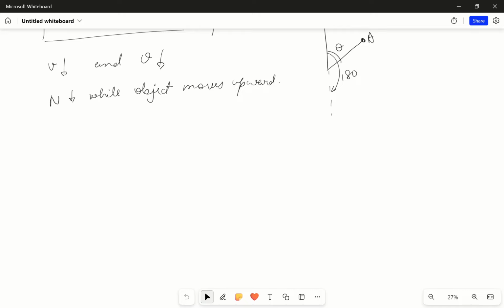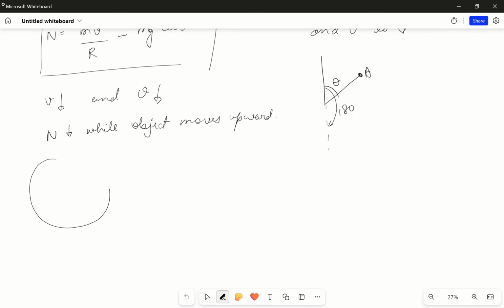So when is the normal minimum in this situation? When the velocity is minimum and theta is minimum, then the normal would be minimum. Here normal is minimum, right? Because after this theta starts increasing, velocity starts increasing. Velocity was decreasing, theta was decreasing, so here normal would be minimum.